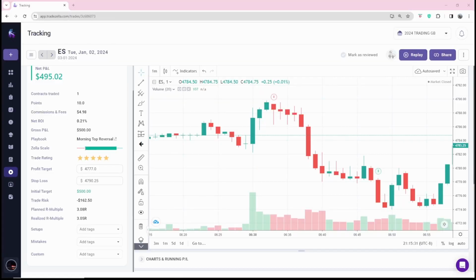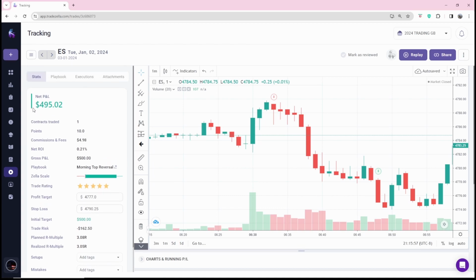To emphasize that point I was making about risk management and having a system that allows me to have bigger winners than losers, I was able to net profit 3R out of that trade, and that's the number that's the most important in trading and allows you to keep yourself in the game of trading, and allowed me to have that nice $500 profit on 10 points.